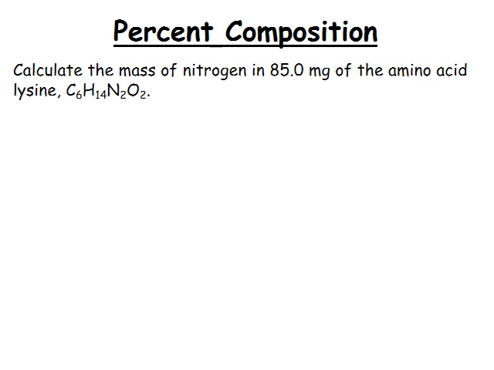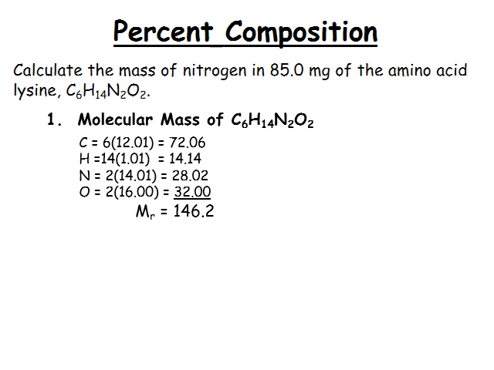Okay, so just finishing up the last question. First thing is the molecular mass of C6H14N2O2. If you again go to the periodic table, multiply and add the relative atomic masses, you should have a molecular mass, as you can see from the calculations there, of around 146.2. Step 2, you work out the amount of nitrogen.